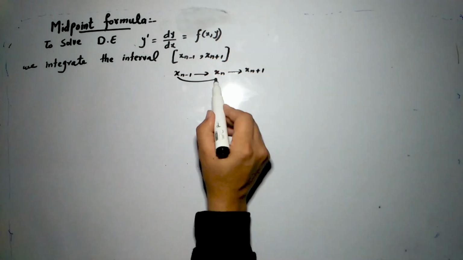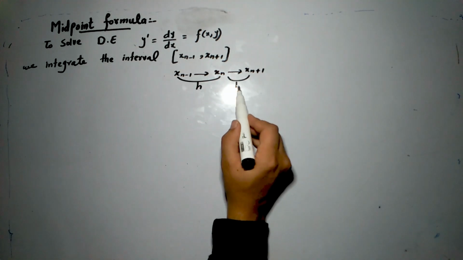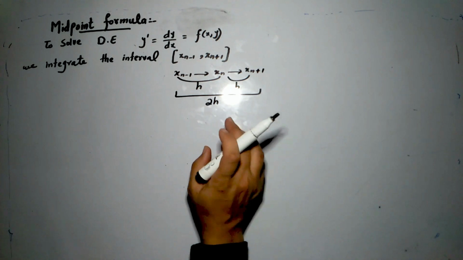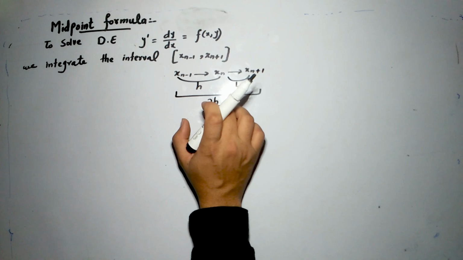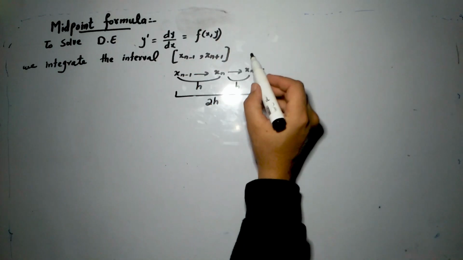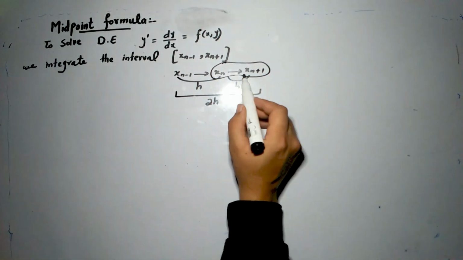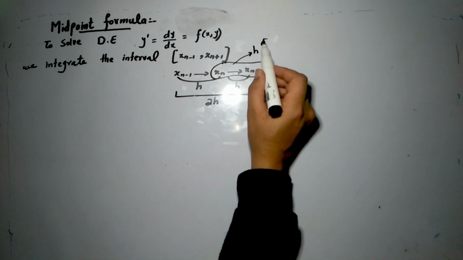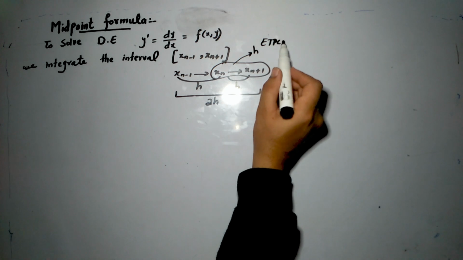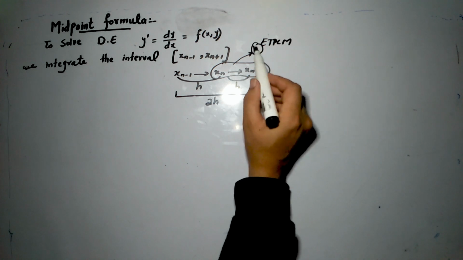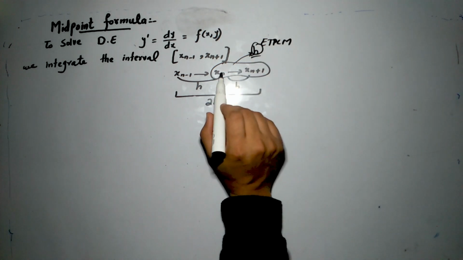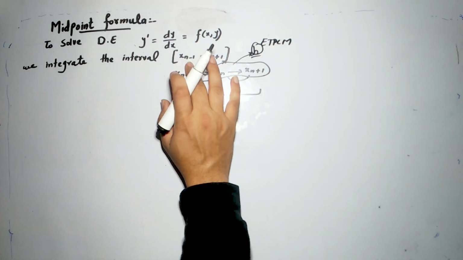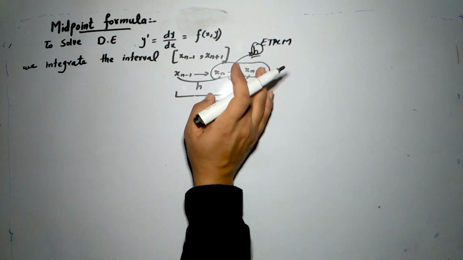Here the difference is h, here the difference is h, so the total difference will be 2h. So this is the difference between this formula and our previous formula. We can take xn to xn plus 1, and in the Euler trapezoidal predictor corrector method, h is the step size from xn to xn plus 1. Here the difference is xn minus 1 to xn plus 1.